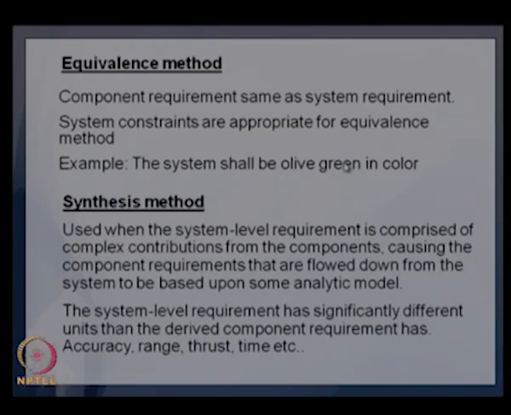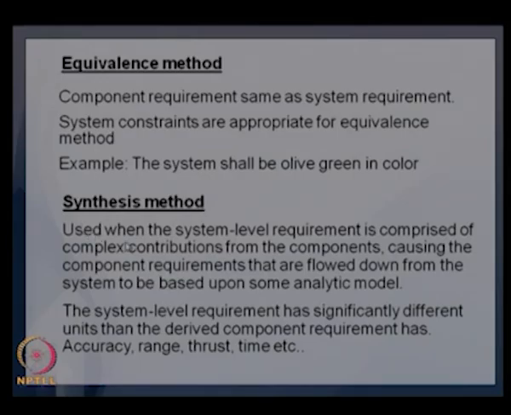The third one is the synthesis method, which is used when the system level requirement is comprised of complex contributions from the components, causing the component requirements that are flowed down from the system to be based upon some analytical model. So, this is more of an analytical method of allocation. Here it is difficult to identify the component requirements because they are related to different components, and each component has a different way of representing its performance.